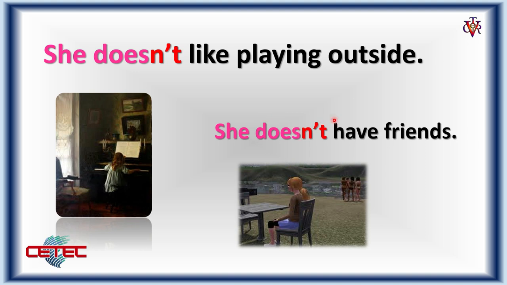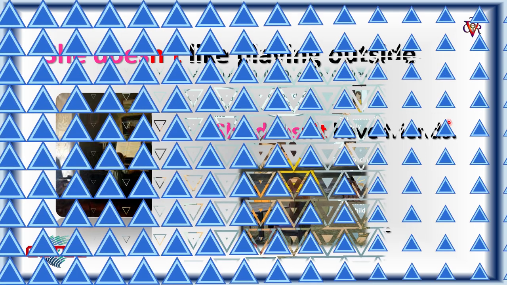She doesn't have friends. Here in that sentence, don't forget the subject is she, a girl. Doesn't, negative form. Verbs, like and have. Complement, playing outside and friends.